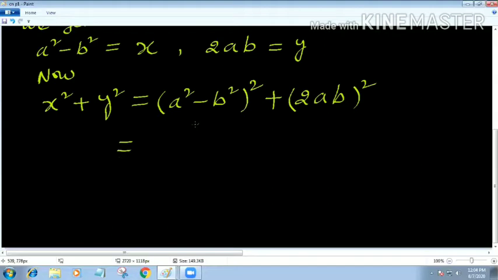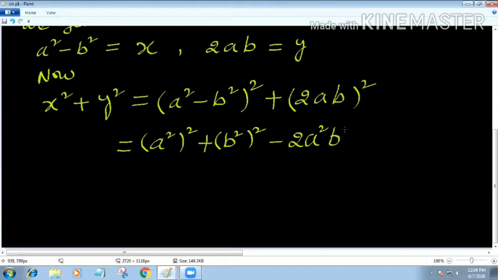Expanding by using the (a minus b) whole square formula, this is a square whole square plus b square whole square minus 2 a square b square, and here 2ab whole square is 4 a square b square.